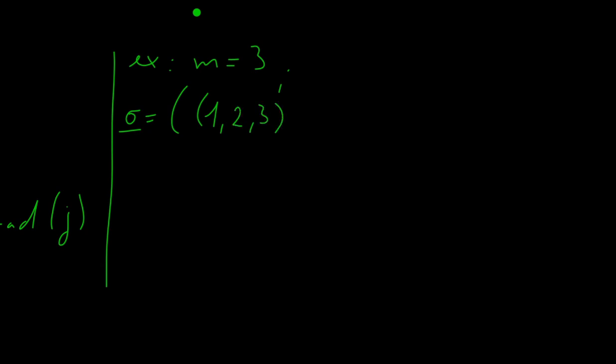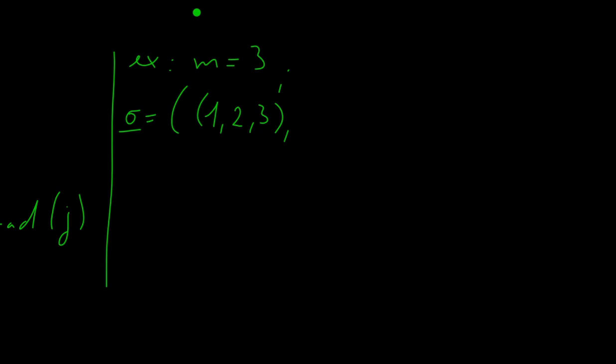This means that if we assign this job to the first machine, then it will take 1 unit of time. If we assign it to the second machine, then it will take 2 units of time, and if we assign it to the third machine, then it takes 3 units of time, seconds, minutes, whatever.